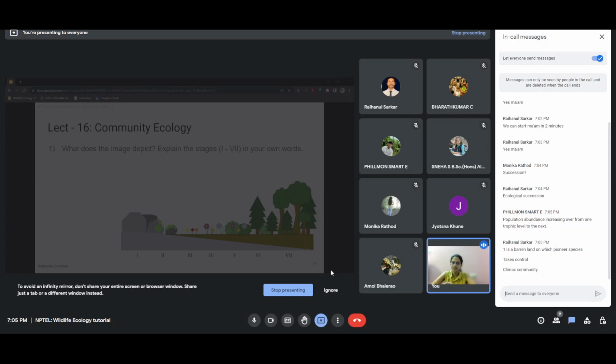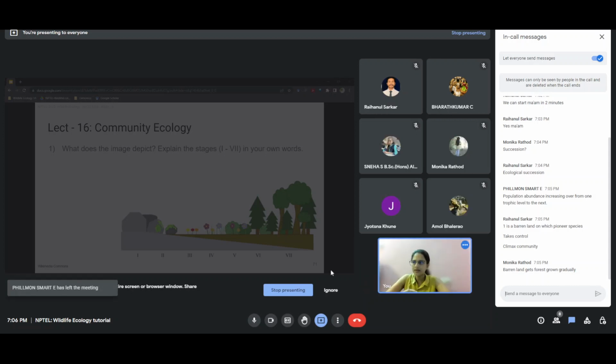So that's by far a climax community. Barren land gets forest grown gradually. Sure. I think that is a good summary for the entire image. It is basically how a barren land gets occupied by living organisms and how living organisms go on to progress and finally reach a climax community.